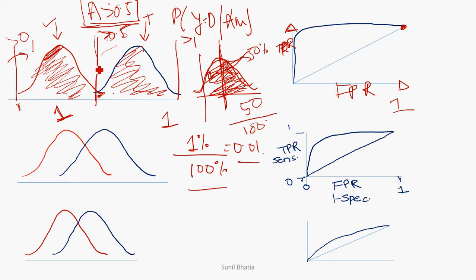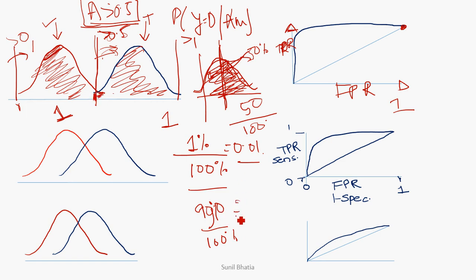And similarly for the blue curve towards the left divided by the, let's say this is 99%. So we are going to find the blue curve towards the left divided by the entire blue curve. So the area under the entire blue curve is 100%. We are assuming this area is actually 1%.